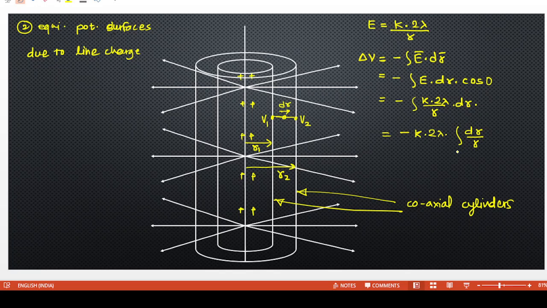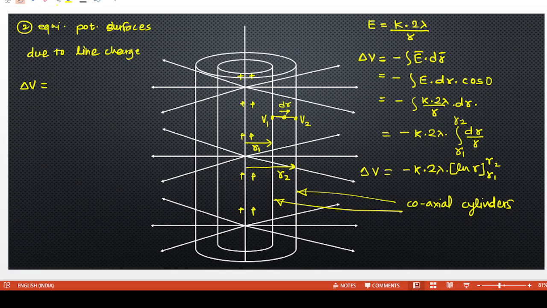Let's say initially we are at position r1 and finally we are at position r2. So this minus K 2 lambda, this dr upon r, integration will be ln r, and the limits will be from r1 to r2. So this is the formula for potential difference between the 2 points on 2 surfaces.